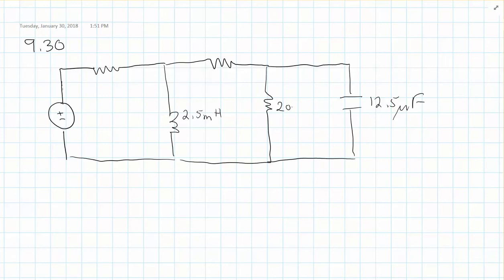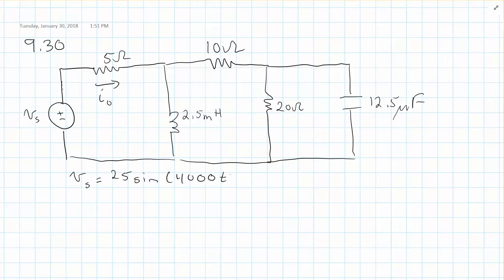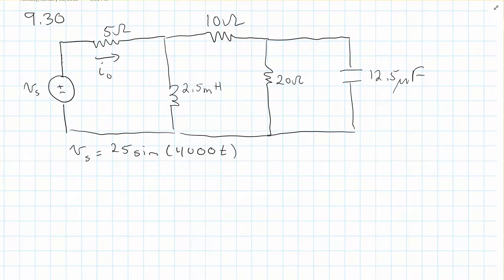This is 20 ohms. This is 10 ohms. This is 5 ohms. And we're looking for I out here. And the problem tells us that Vs is equal to 25 sine of 4000 t. Alright, so trying to find that current I out.